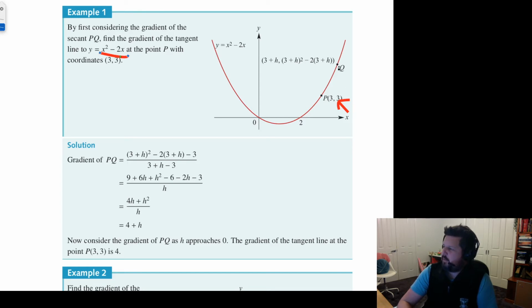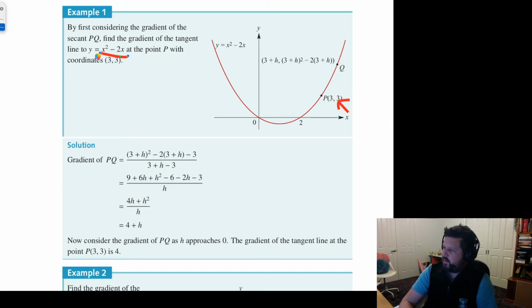If there was another point h distance away somewhere, these would be the coordinates of point Q. Obviously, you'd have the 3 and you'd add on h to that. Perfect. That's where that one comes from. 3 plus h is Q's x coordinate. I'm doing the same here for the y value.